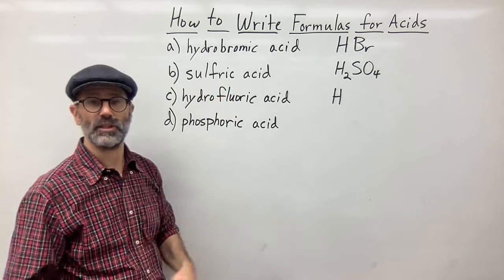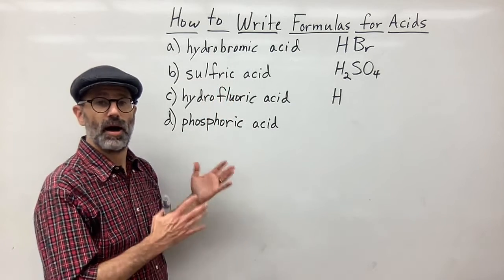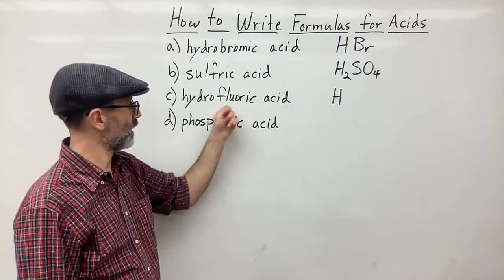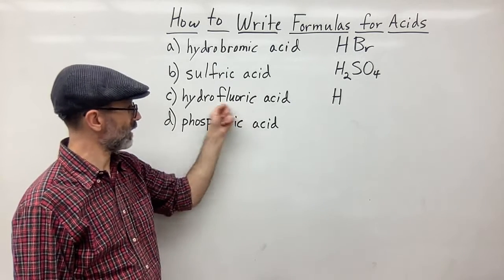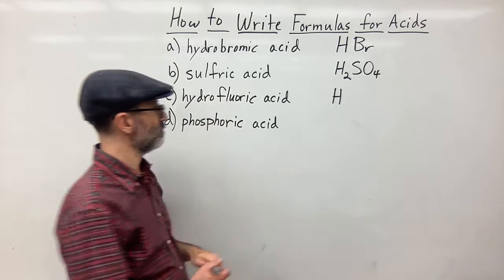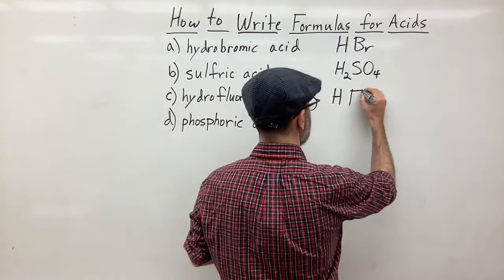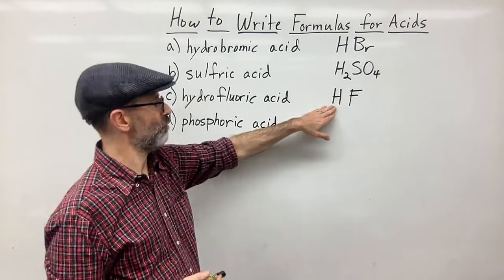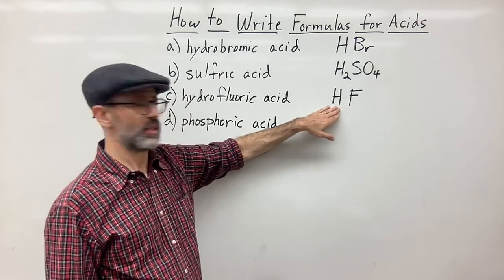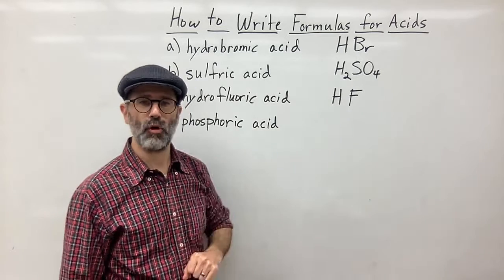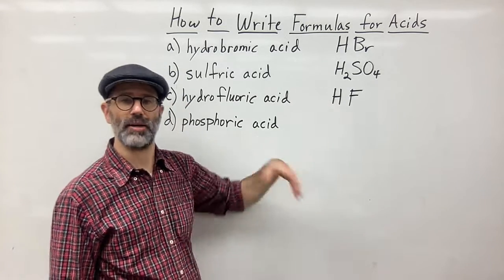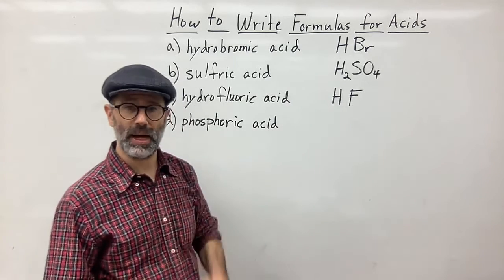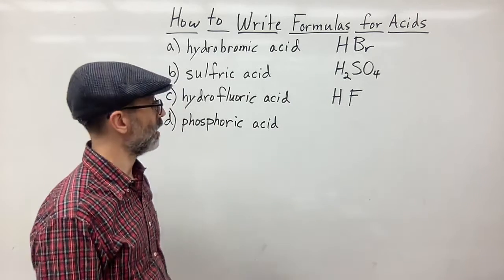In the previous example, the IC ending replaced the ATE ending for your polyatomic ion, but here it's just the ending that we give for the second element, fluorine. If we think of fluorine as being a fluoride ion with a -1, then you need a positive hydrogen to balance that out. And so HF is the formula. Again, not an ionic compound. It is a covalent compound, but it's helpful to think of it as ions to balance the number of atoms you need.